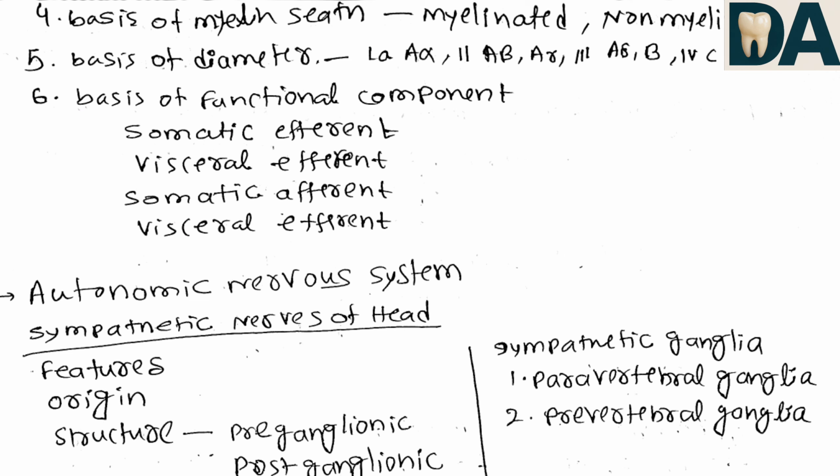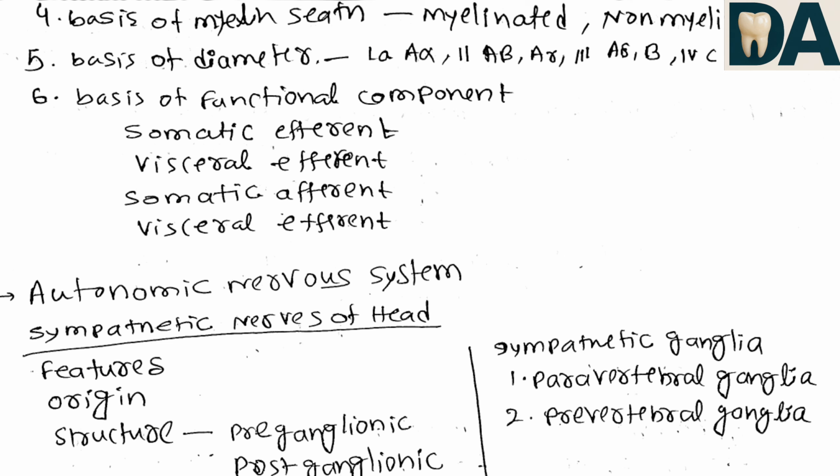On the basis of the functional components of nerves. Somatic efferent nerve fibers are fibers which transmit motor impulses from the spinal cord to skeletal muscle.